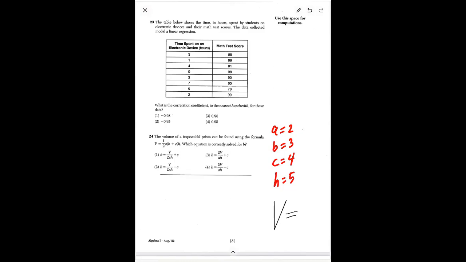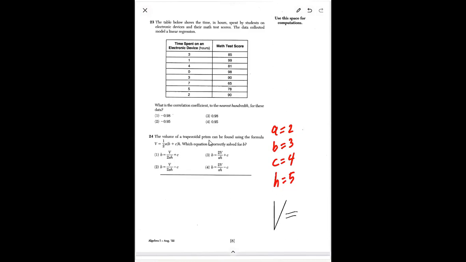So first of all, you can see on my iPad that I'm going to store 2 into A, 3 into B, 4 into C, and 5 into H. So every variable on the right-hand side of the equation, I'm going to store a number. And then when I get all those numbers stored, I'm going to calculate the value for V, which is the volume on the left-hand side of the equation.